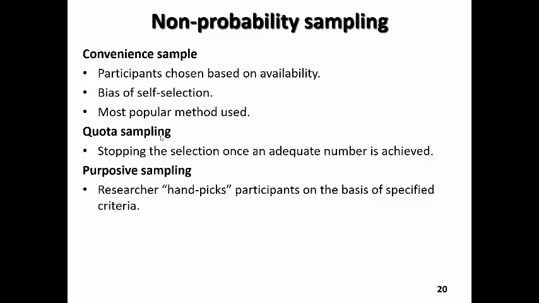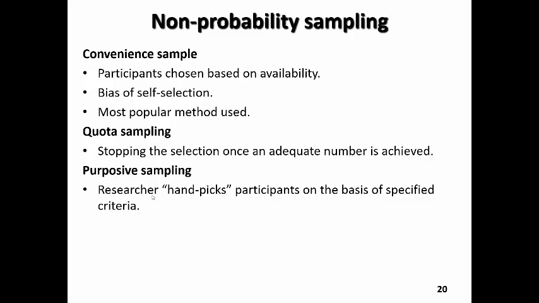Purposive sampling is where researchers now start to select individually those participants for entry on the basis of specified criteria.